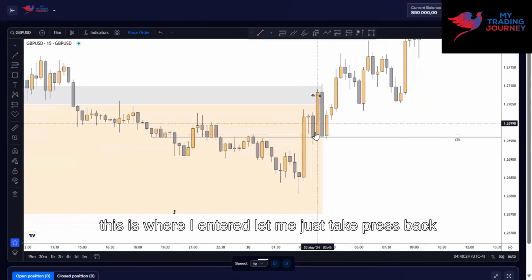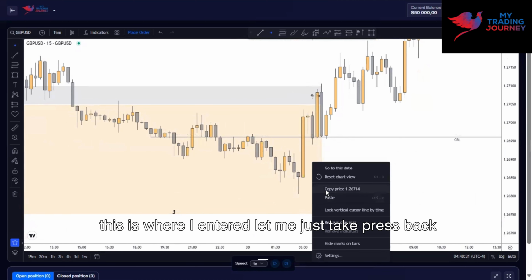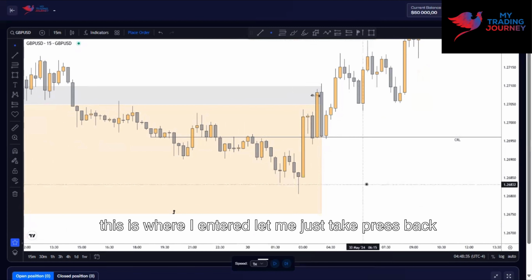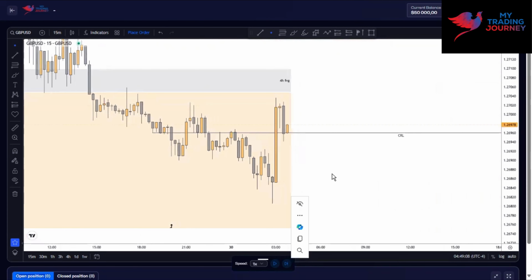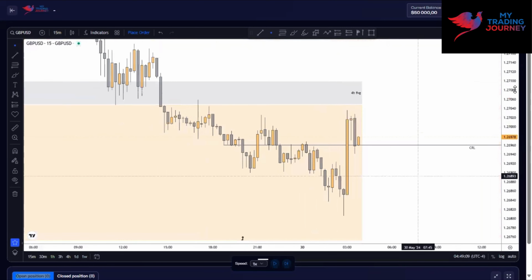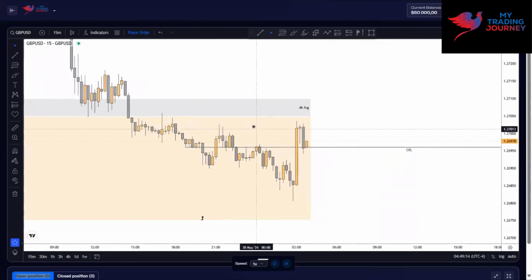Let me just take price back. Okay, so as you all can see, we have our low formed here. This is the manipulation low on the daily time frame.